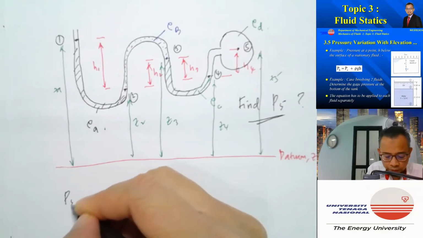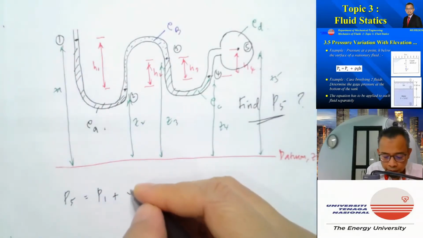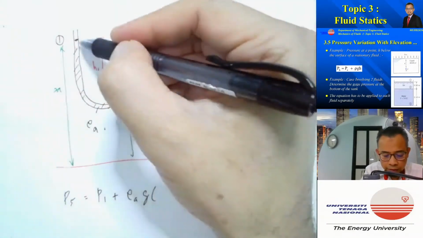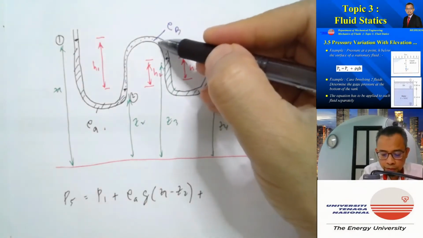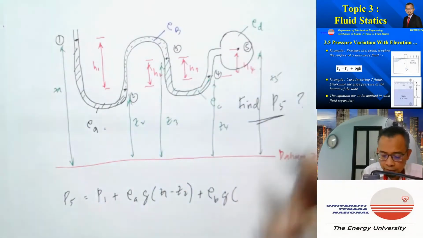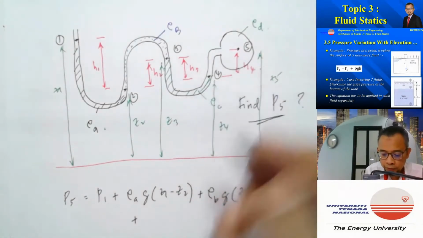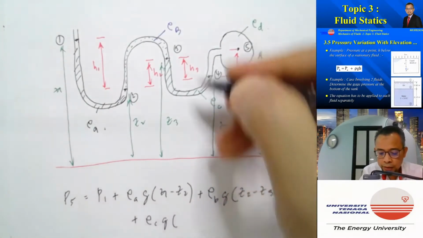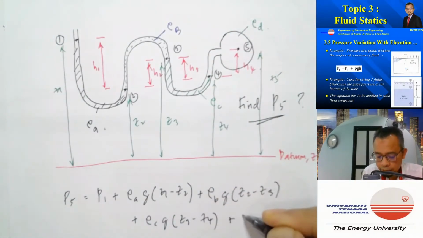So P5 will be equal to P1 plus rho A G (Z1 minus Z2) plus rho B G (Z2 minus Z3) plus rho C G (Z3 minus Z4) plus rho D G (Z4 minus Z5).